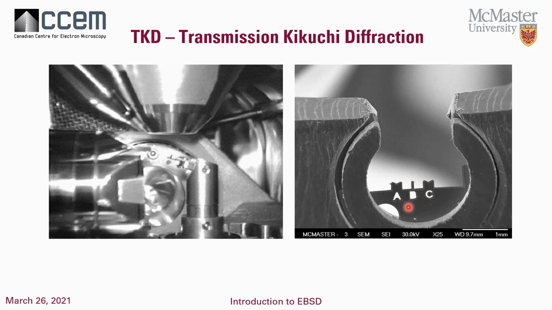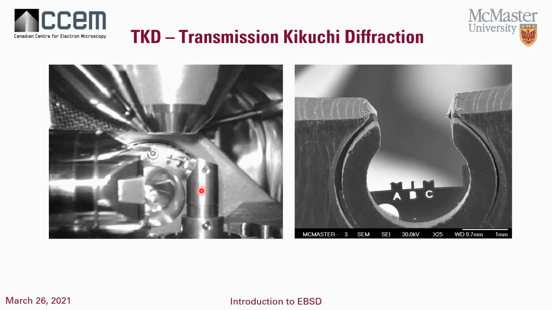And also because we're doing transmission, we're not having as many problems with overlapping patterns. So we can get ultimately better resolution, because usually we're looking at samples that are electron transparent.